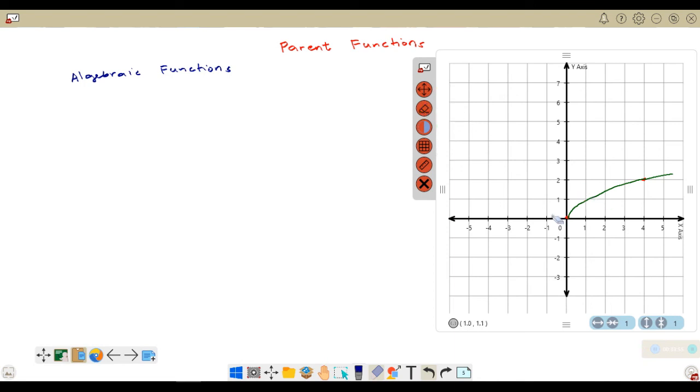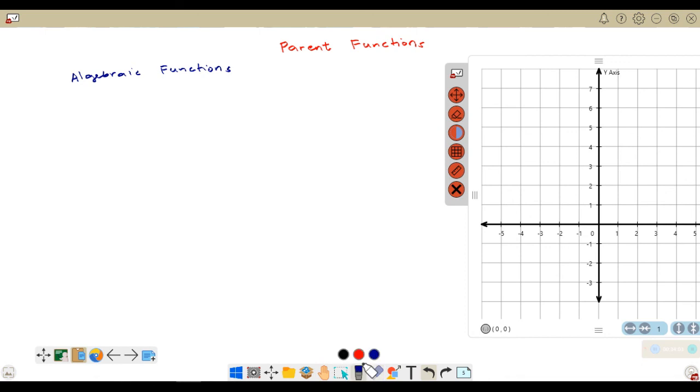Burahin natin yung content so we can use it again. Dito na tayo sa cubic functions. What is the parent function of a cubic function? It is f of x is equal to x cubed. What is the graph of a cubic function? Kung gusto nyong mag-isa-isa ulit dito.